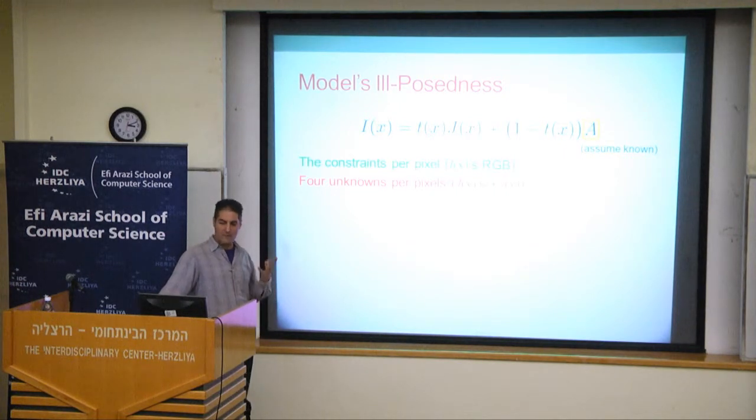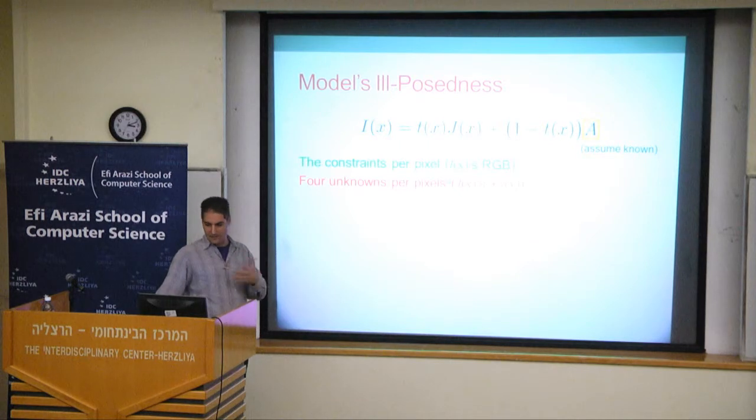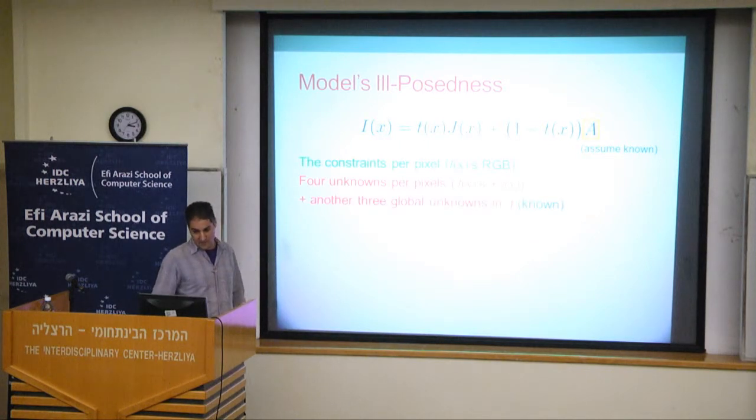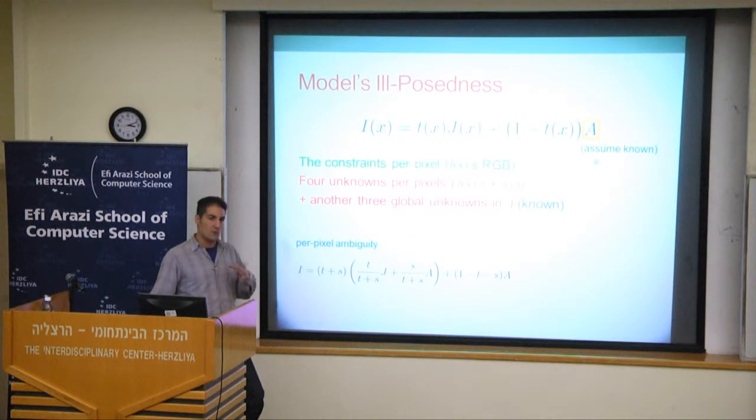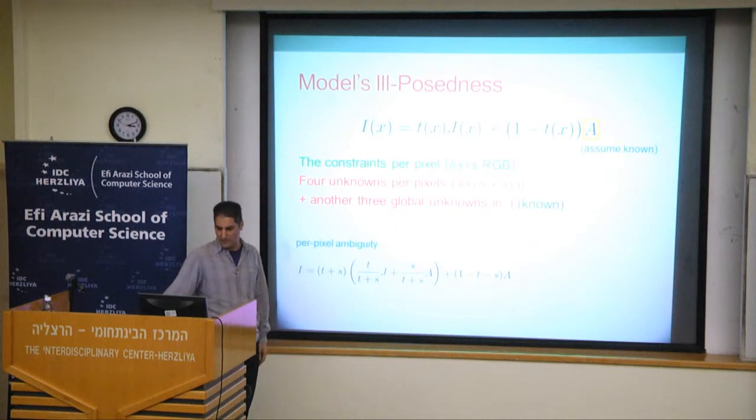So altogether, we have one unknown that is basically impossible to determine based on a single pixel. As I said, this is without counting the unknowns in A. And in this work, we will assume that we know the air light color, the atmospheric light vector color.